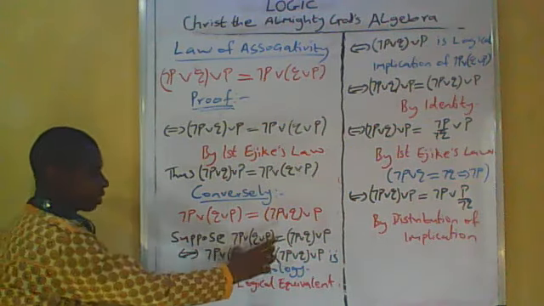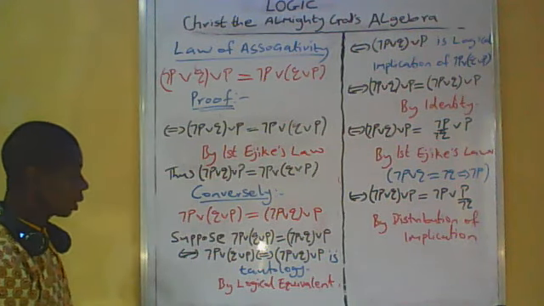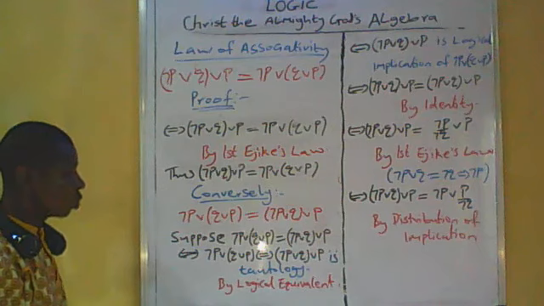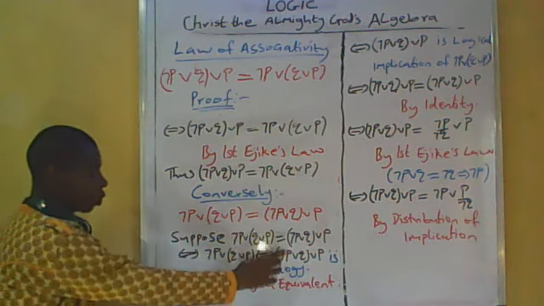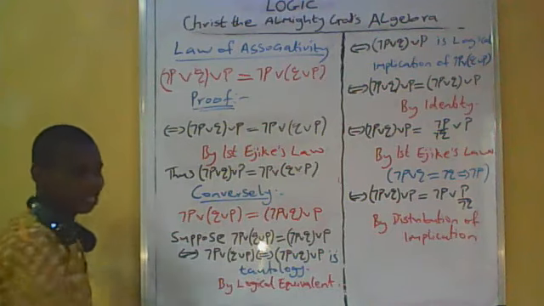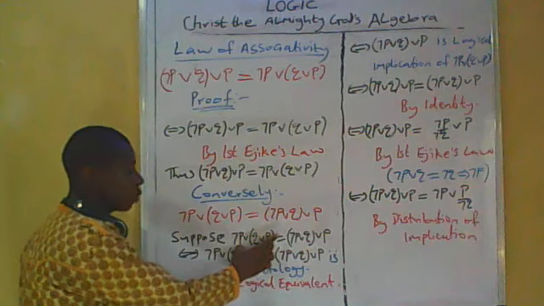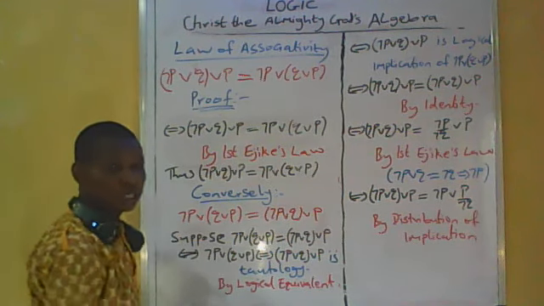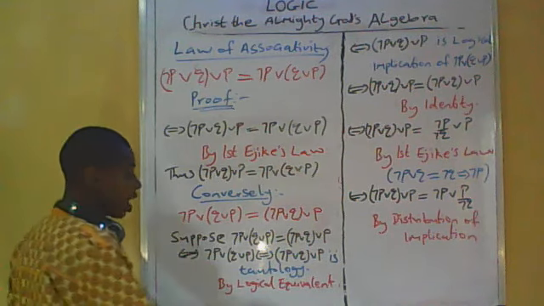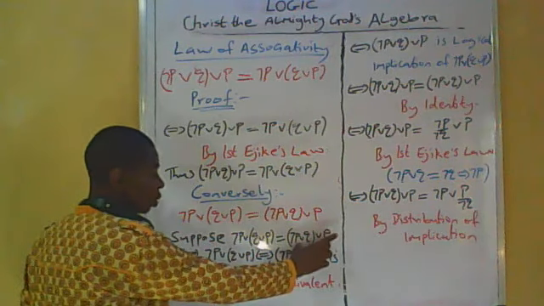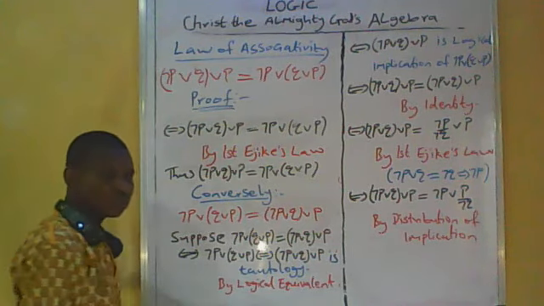Now the statement not P or (Q or P) equal to (not P or Q) or P, we have now converted it to a biconditional statement. Whenever the left hand side of the equation is true, the right hand side is also true. Vice versa, whenever the right hand side is false, the left hand side is also false.